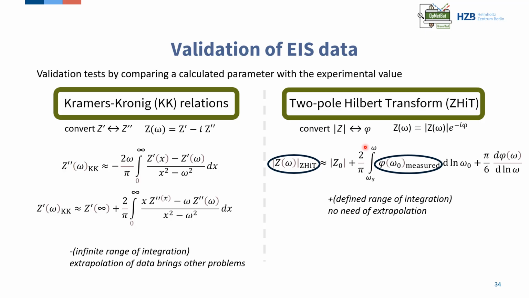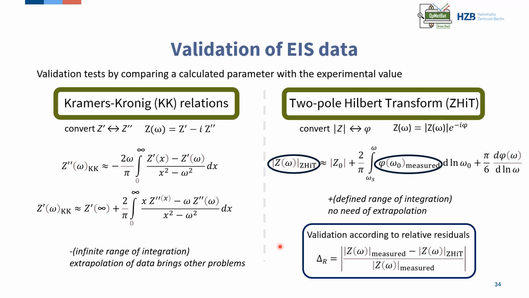For this calculation, a defined range of frequency can be used in the integral, so that no extrapolation is required. Once the value of the other parameter is calculated, the validation can be quantified according to the relative residuals of both values, and this can provide information about the data quality.